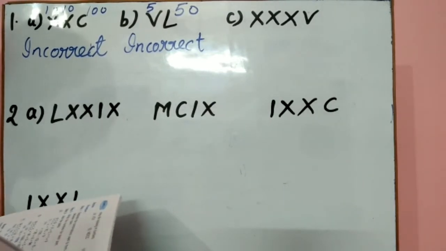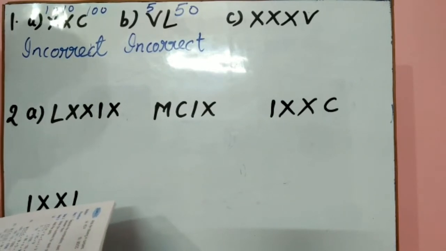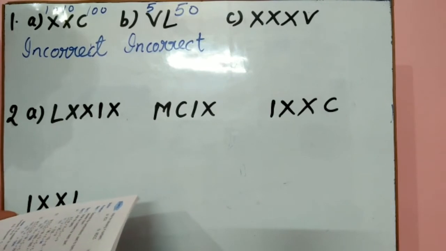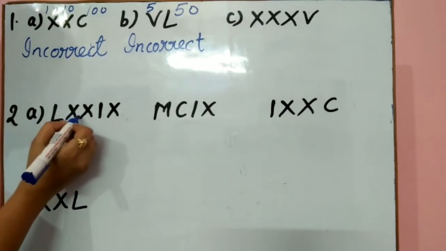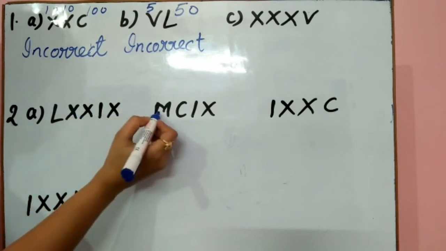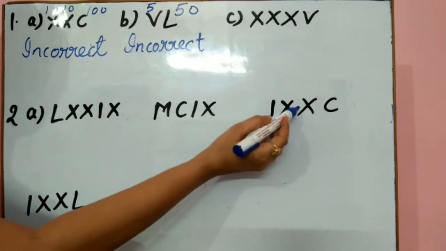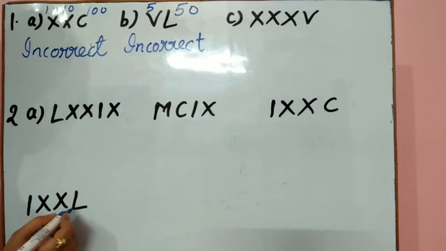Question number 2. Choose the correct option. A. The Roman numeral for 79 is LXXIX, MCIX, IXXC, and IXXL.